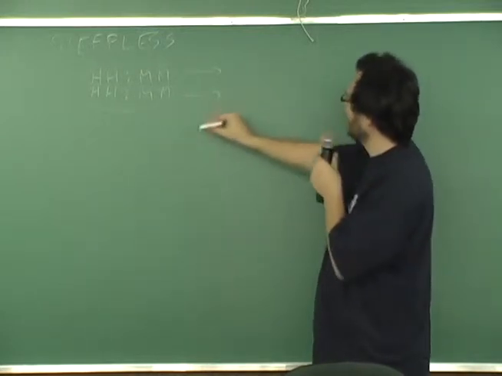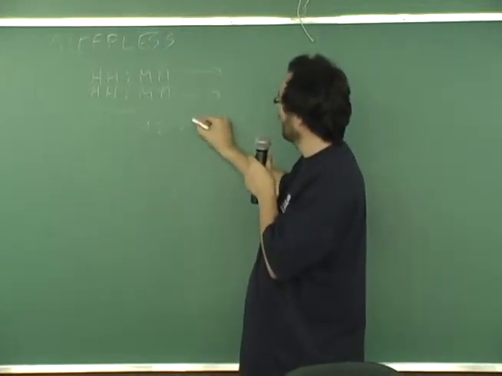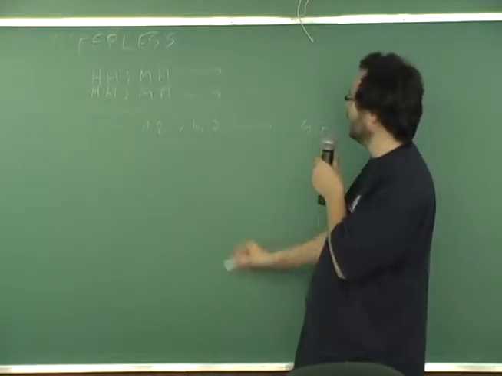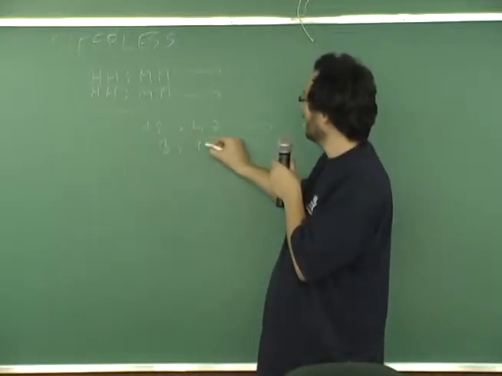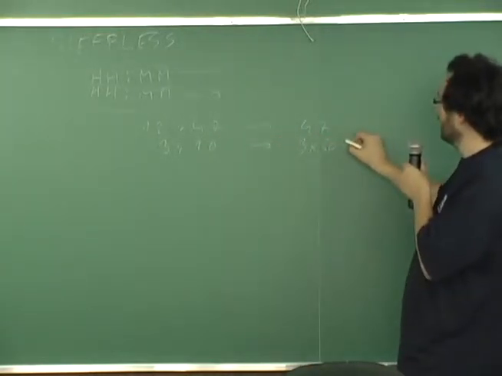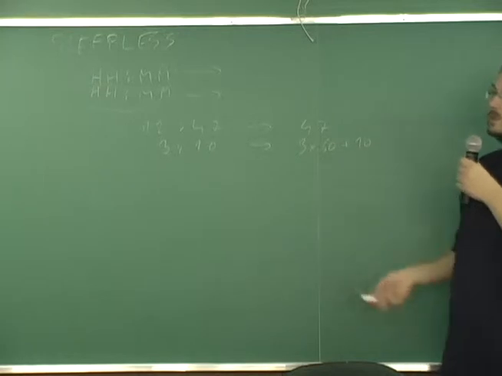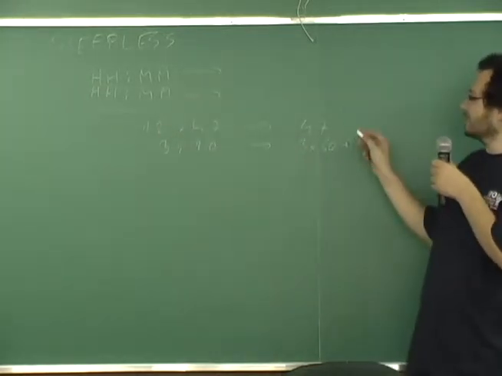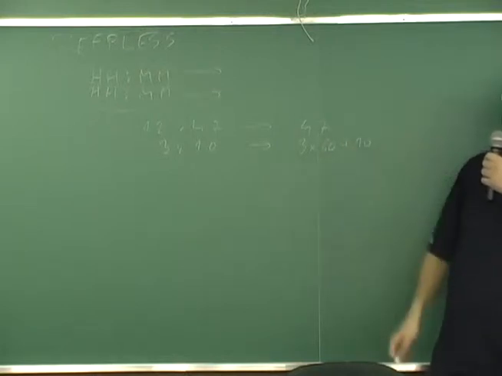For example, if we have the time 12:47, this will be changed to the integer 47. If we have another time, 3:10, this will be changed to 3 times 60 plus 10, and so on. So right now we don't have time anymore. We only have a single integer representing a moment in time.